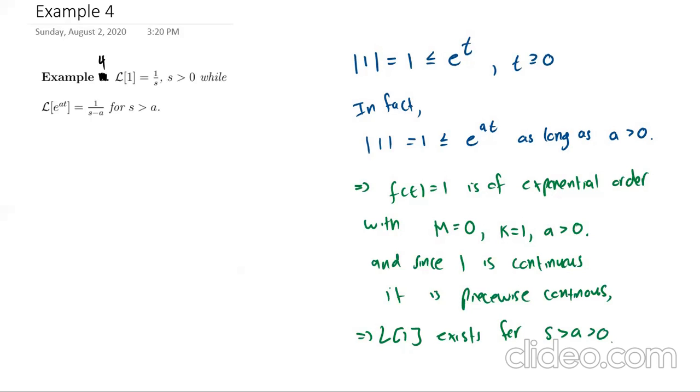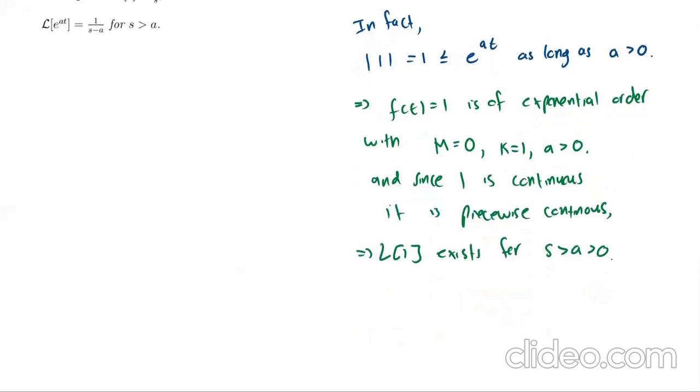This is how you would use theorem 2. I showed that it's of exponential order, and then I argued it's continuous, so it's piecewise continuous. The assumptions of theorem 2 are satisfied, so we know that the Laplace transform exists without actually having to compute it. We can do something similar for the Laplace transform of e to the at.